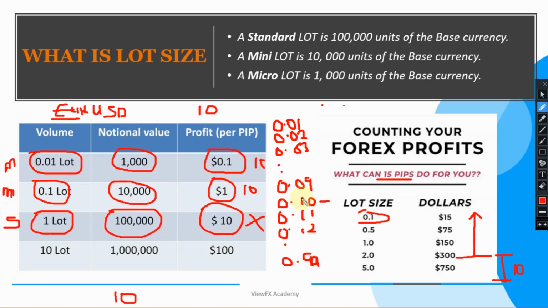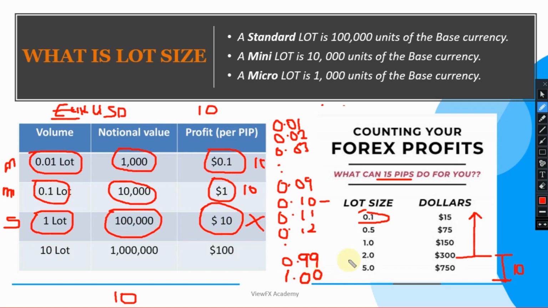Quite a lot in between this and this. We have 12, 14, 20, 35. Then when you arrive at 99, let me make this very clear. This is where the mini lot size ends, and after that, the next thing is going to be standard lot.